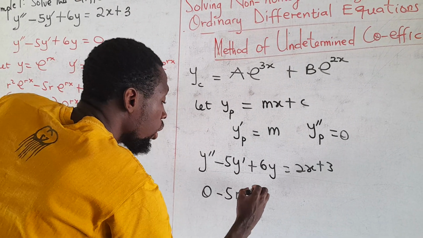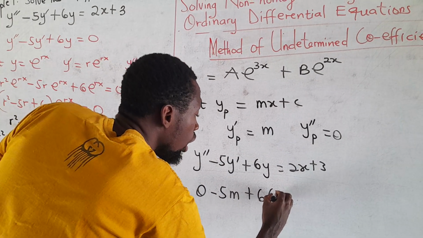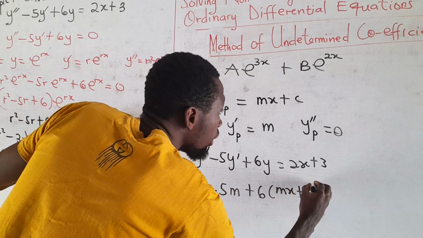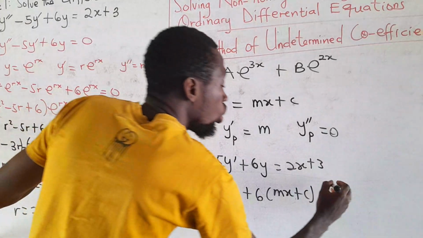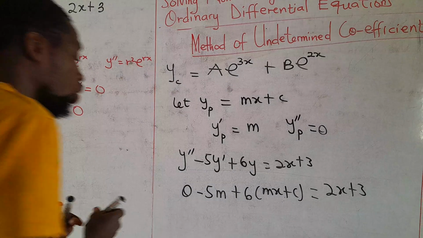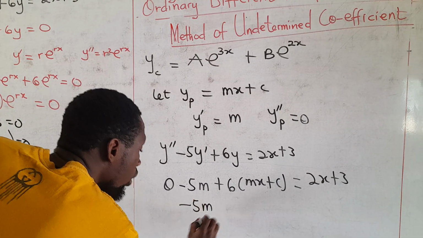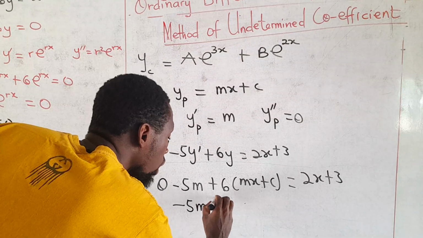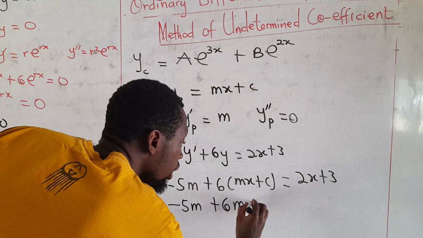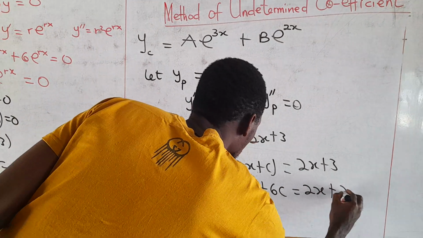That's m, plus 6 times our y, which is mx plus c, equal to 2x plus 3. So now we solve: 0 minus 5m, then plus 6mx plus 6c equal to 2x plus 3.